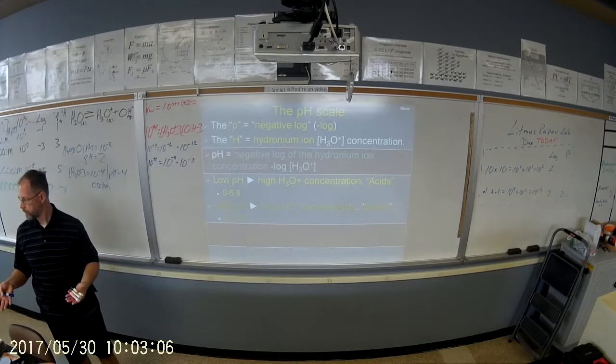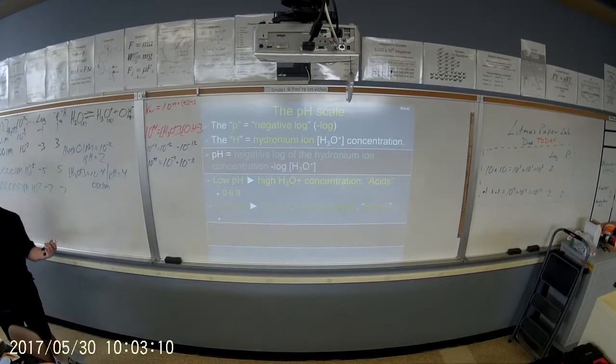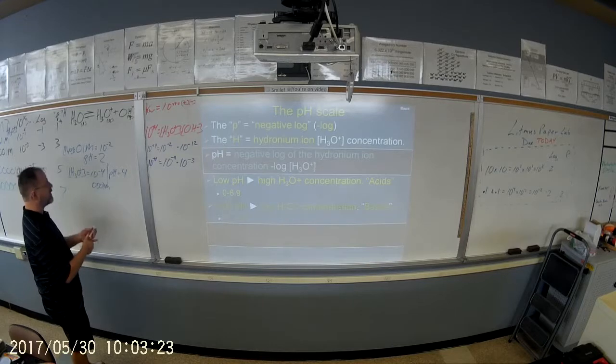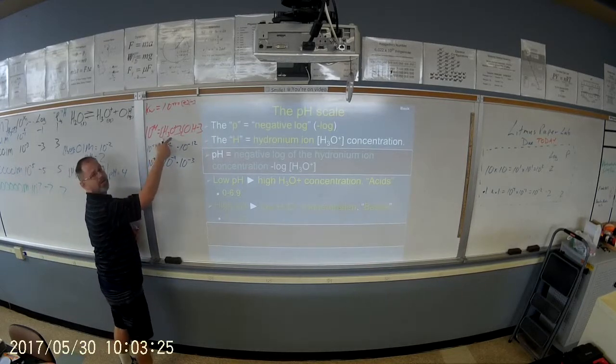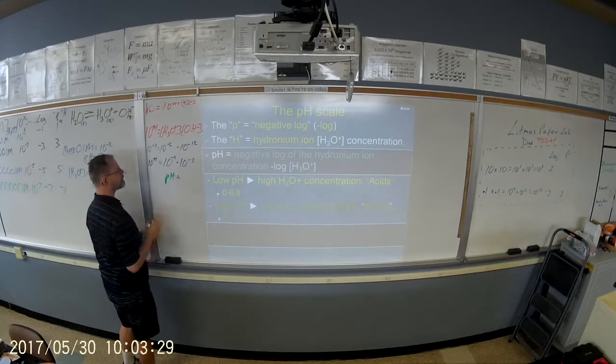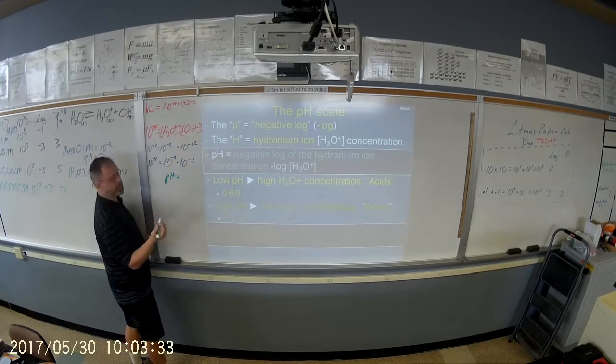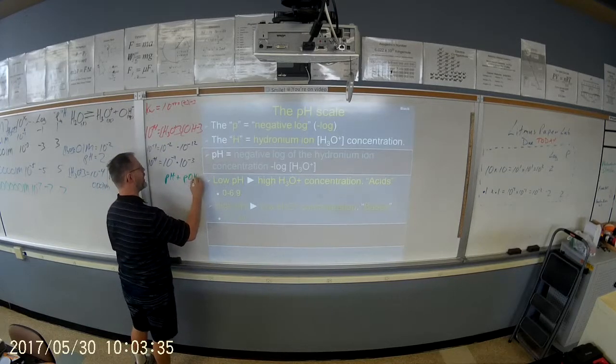Cool? Now there's one more really nifty relationship. There's some mathematical law that says when you take the logarithm of a product of exponents, it's actually the sum of their exponents. In other words, if you take the P of the H3O concentration, you get pH. If you take the P of the OH concentration, you get pOH.